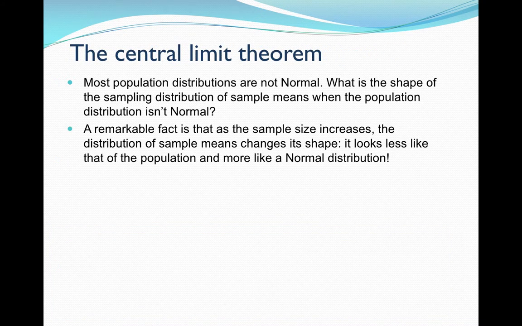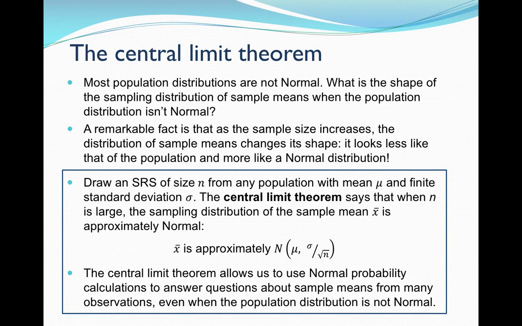The central limit theorem says that if our sample size is relatively large, it will also follow a normal distribution. So as sample size increases, the sample means change shape and become more and more normal. So the important thing here is if your sample size is large enough, we can use normal approximations.